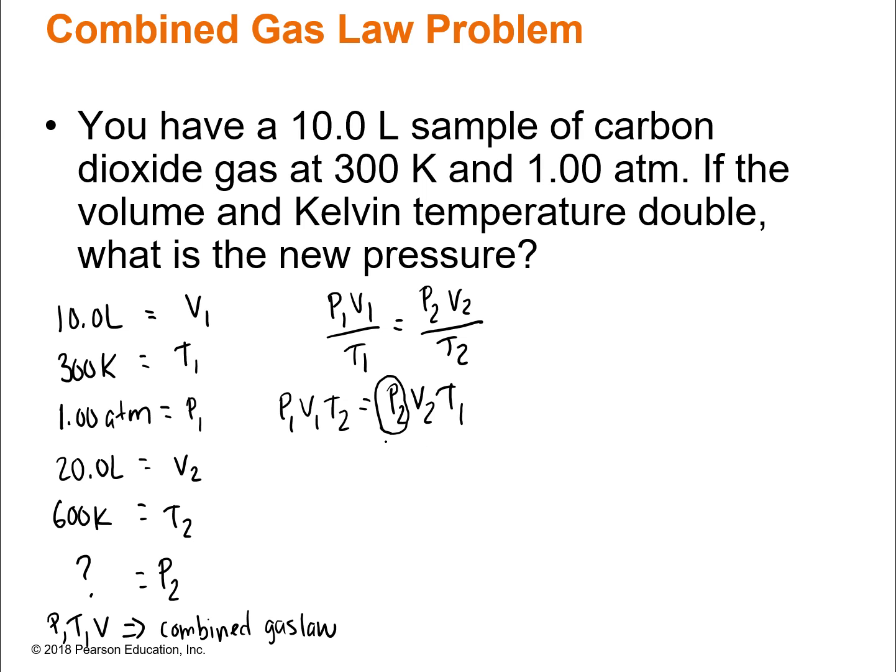So you divide everything on both sides by V2 and T1. Now you put in your numbers.